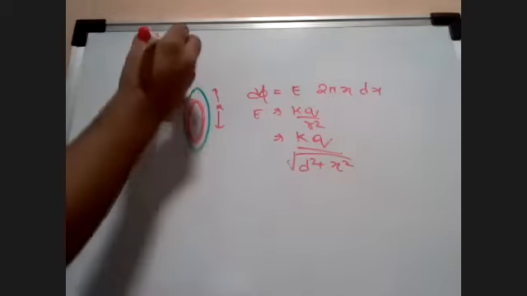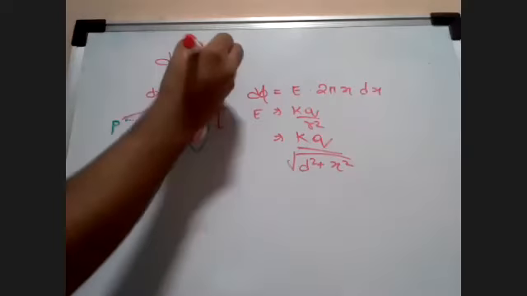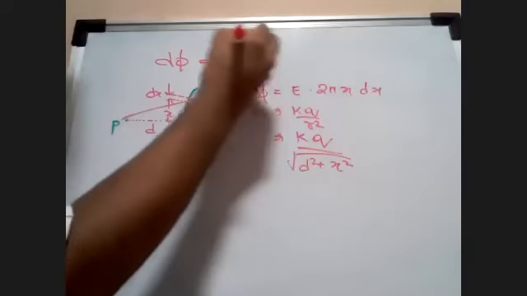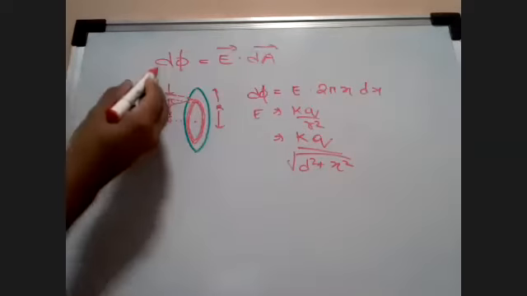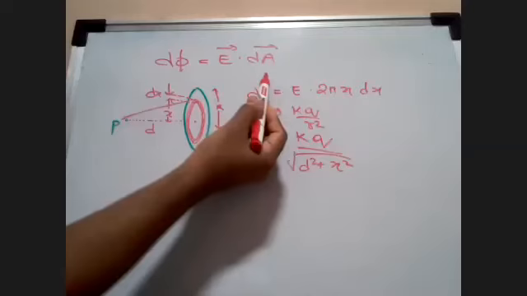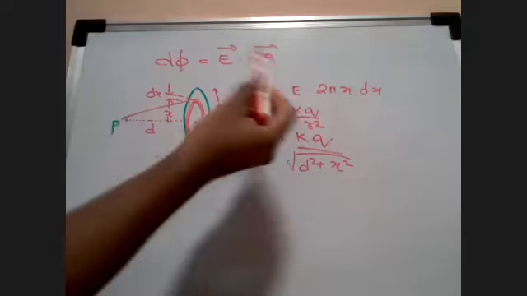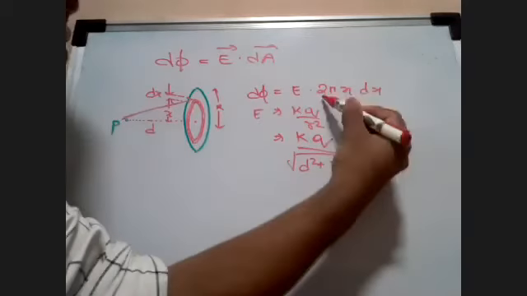See, look here. dφ is equal to E dot dA. And why is it dφ? Because we are taking a ring element, which is dA, a small element. And what is dA? 2πx dx.